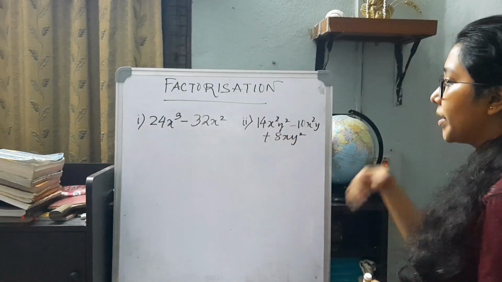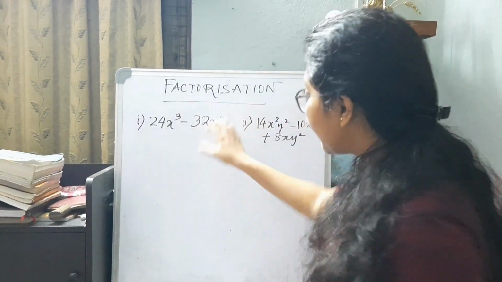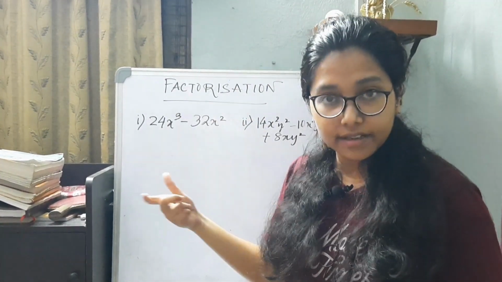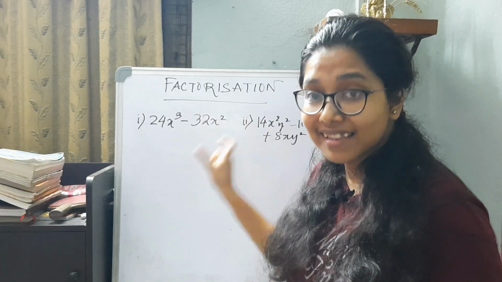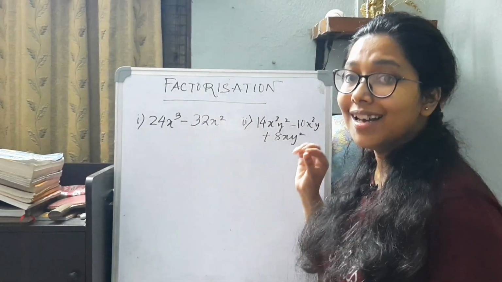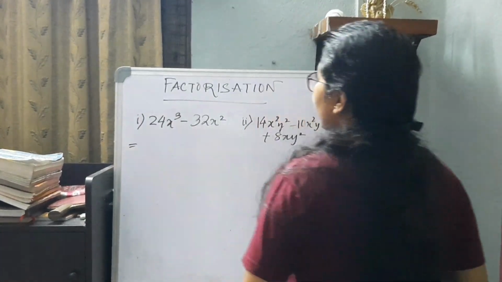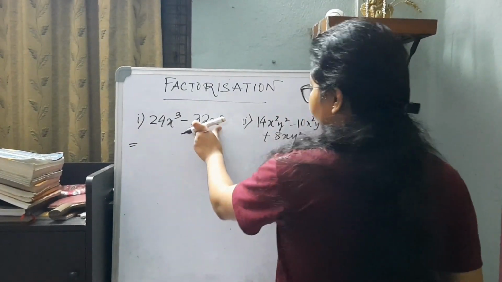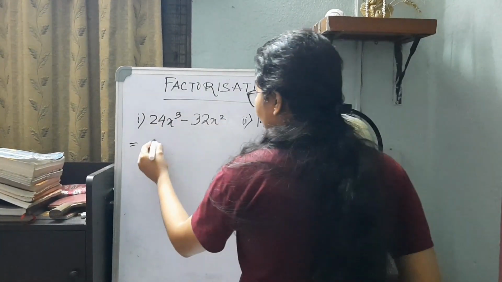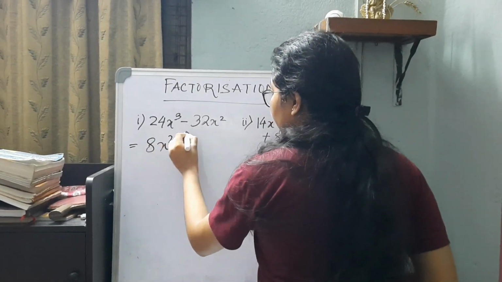Factorizing these two, we have to go for factorization by taking the common factor. Let us see the first one, 24x cube minus 32x square. We have to find the maximum common factor, basically the HCF of both terms. 8 divides both 32 and 24, so 8 is the maximum, and x square is common in both, so I am taking 8x square out.